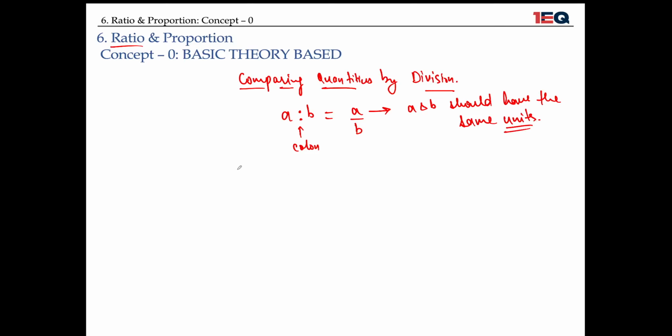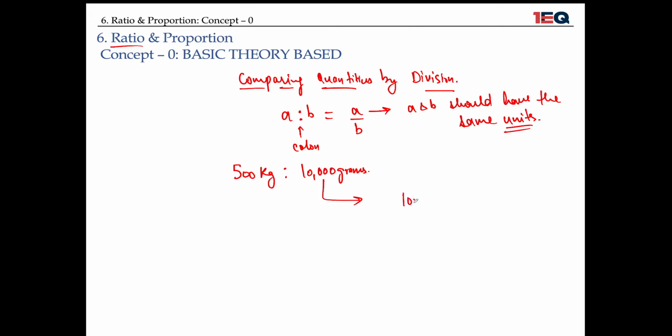Let's say that 500 kg is being compared by 10,000 grams. So this ratio cannot be established unless both the quantities are brought to the same unit. As you can see, kg and grams are not the same unit, so what you can do is convert the grams side into kgs.